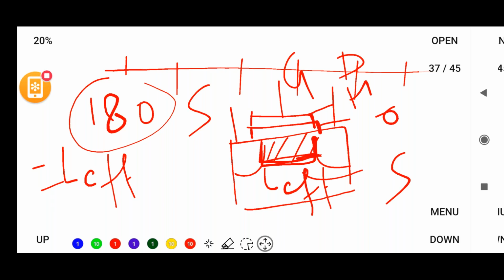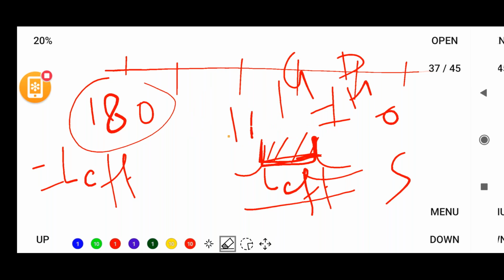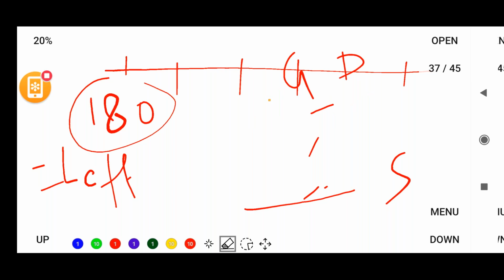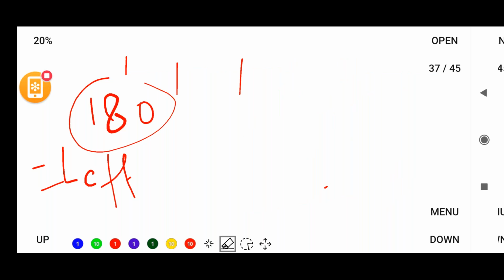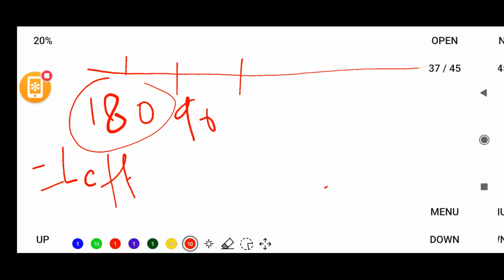Now, what is the advancement in VLSI? If we go to a lower node like 90 nanometer, the channel dimension is less, which means the total area of your device is less.